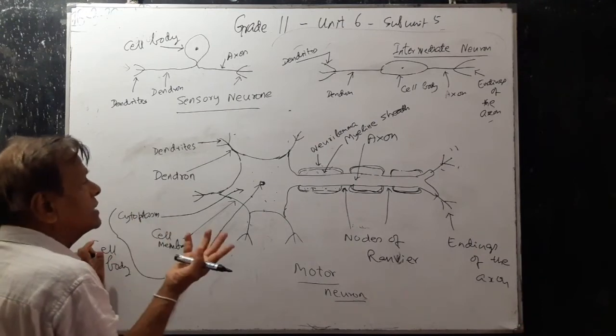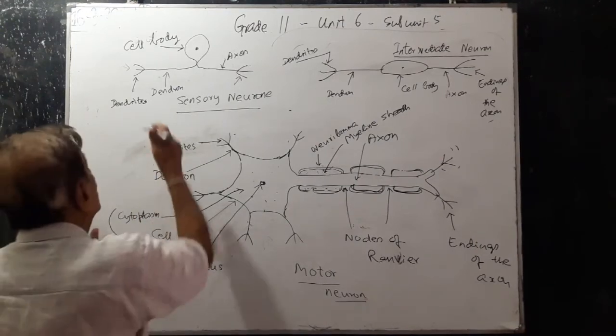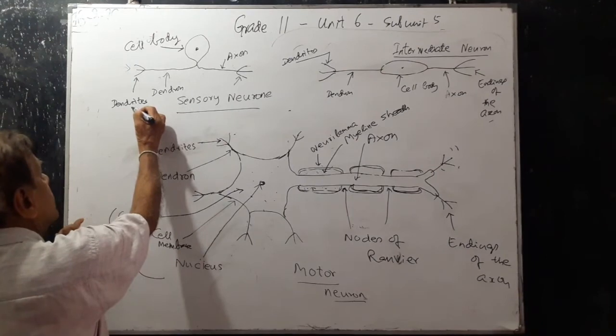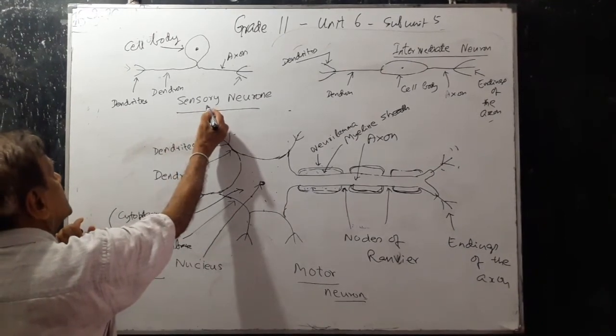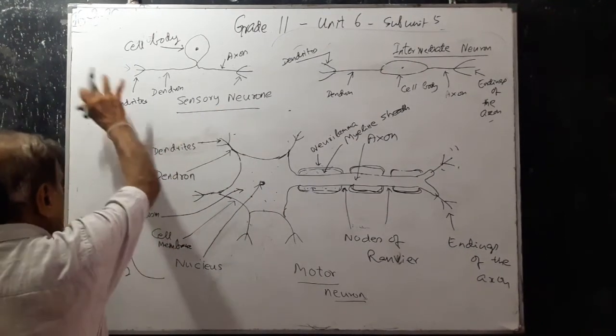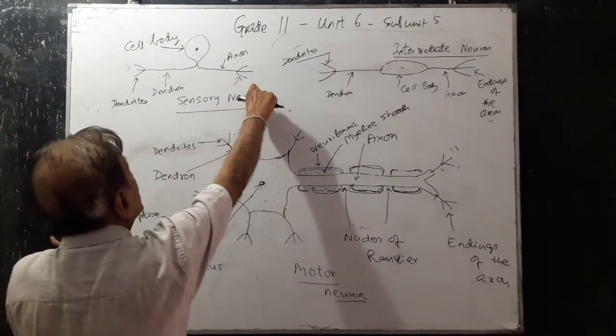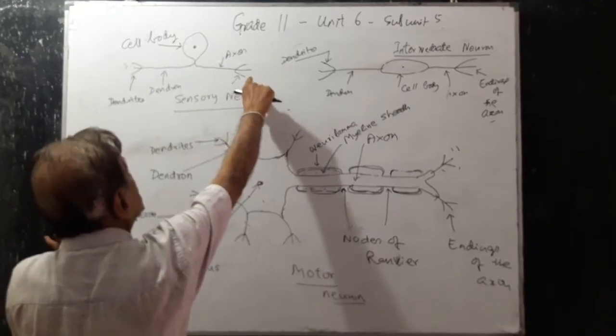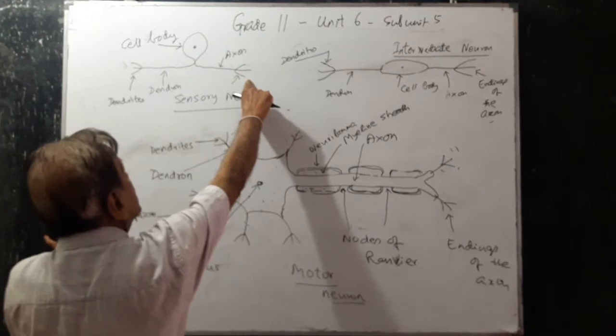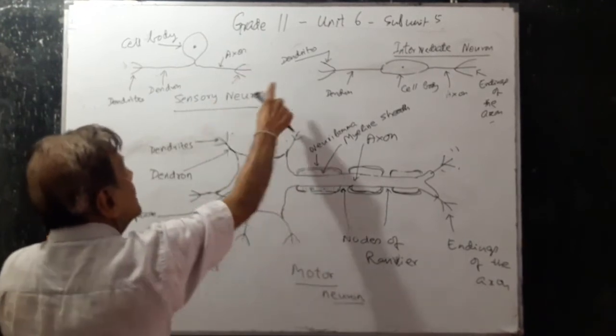In the central nervous system. Now, dendrites of the sensory neurons are present in the sensory organs. Endings of the axon are present in the central nervous system.